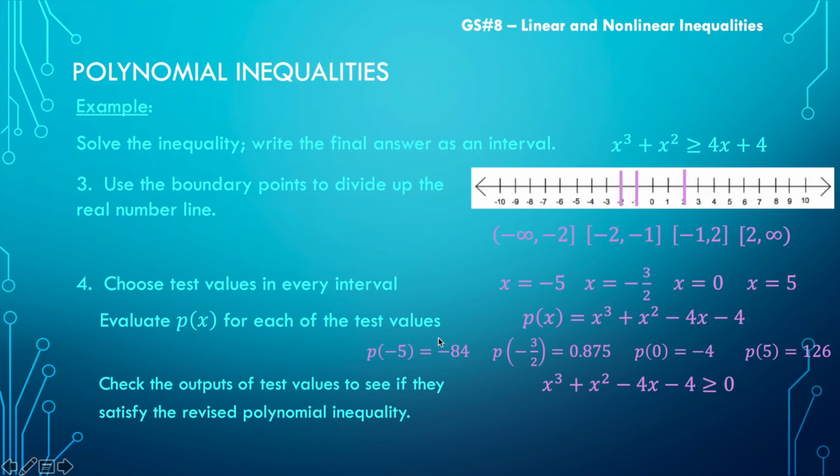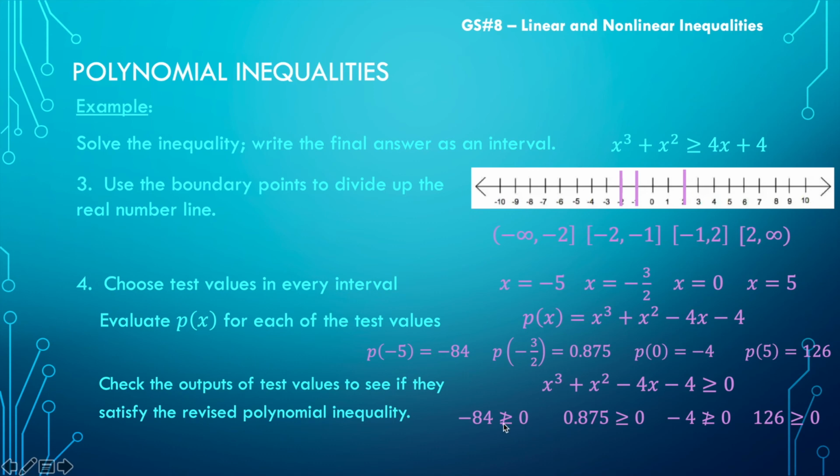So is -84 greater than or equal to 0? Nope. How about 0.875? Well, just barely, but yes, it is. How about -4? That one is not, but 126 is.